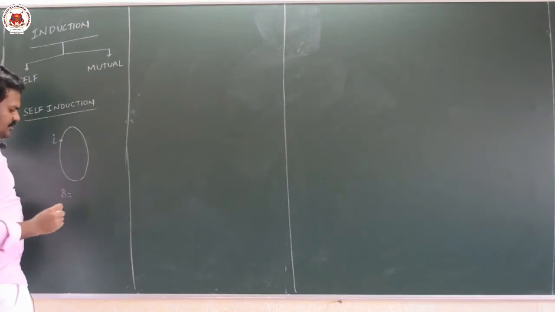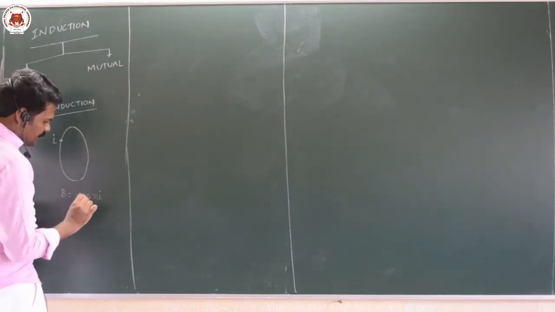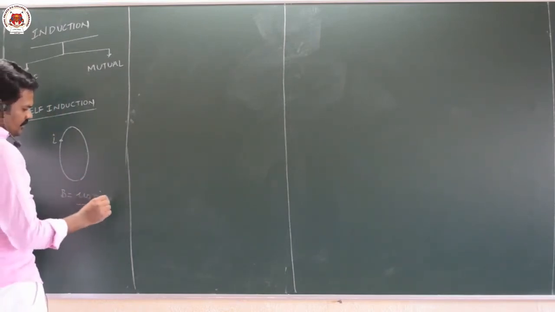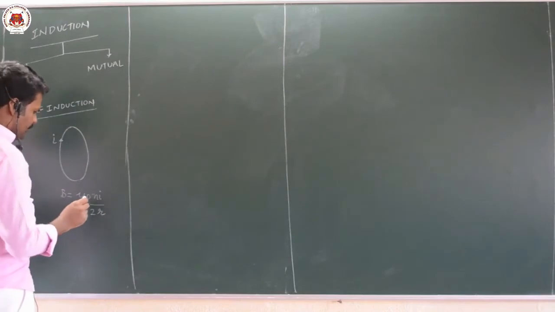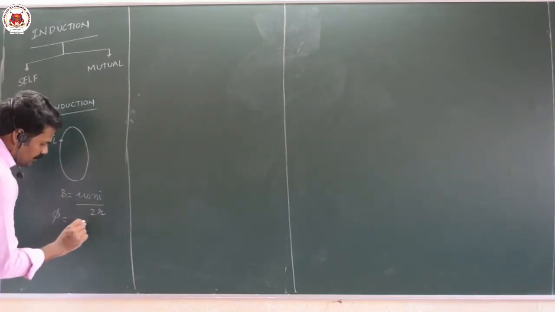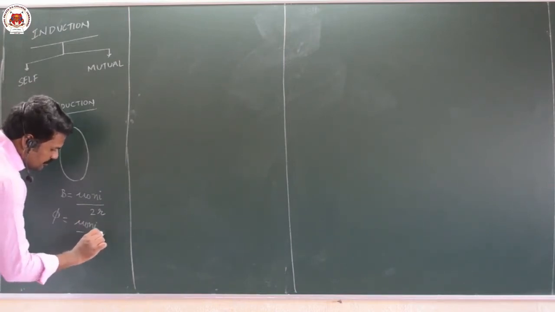If you consider at its center, there will be a magnetic field mu naught Ni by 2R. And the flux of this coil we can calculate. Flux of this coil is mu naught Ni by 2R into pi r square.